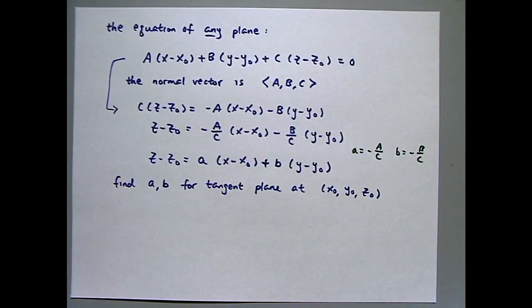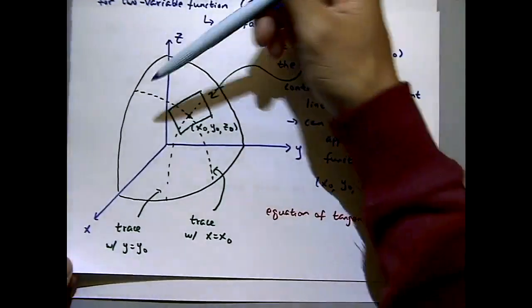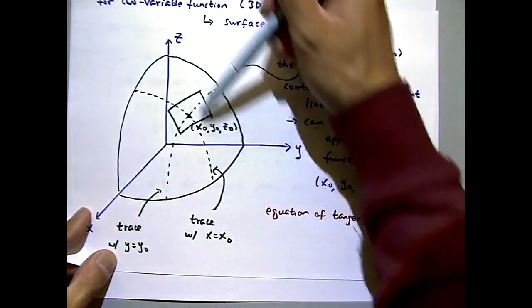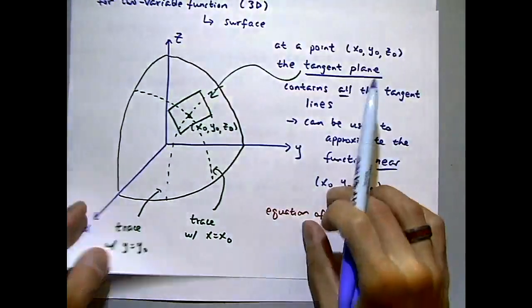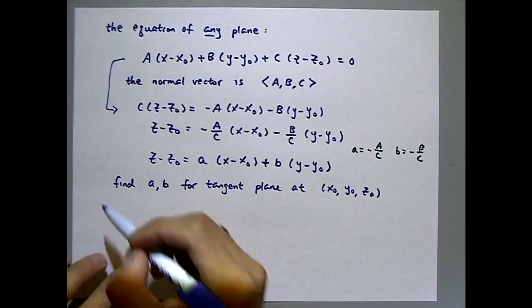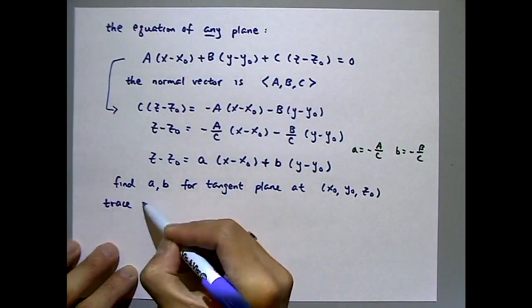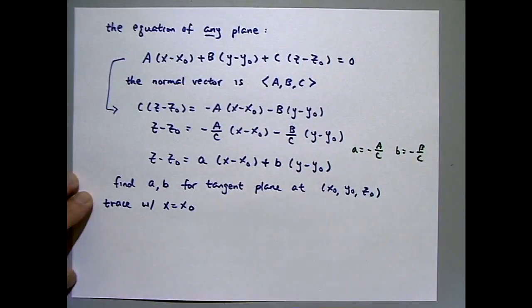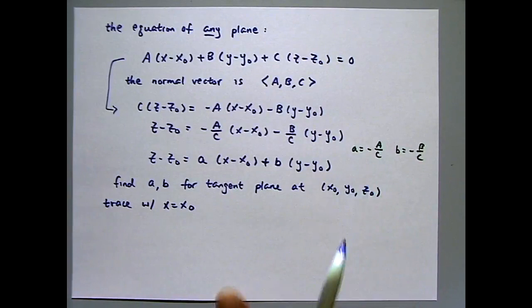All right, so now look at this picture that we just drew earlier. The first thing I'm going to do is to look at a trace with x equal to x0. I see this one here. From my picture, when I set x to be a constant, I'm looking at a curve on the YZ plane, and I see a portion of a circle.